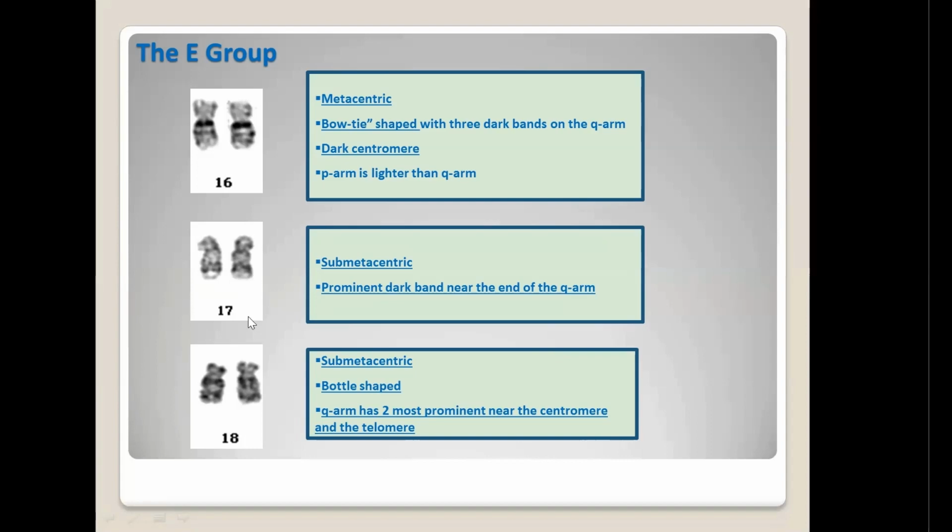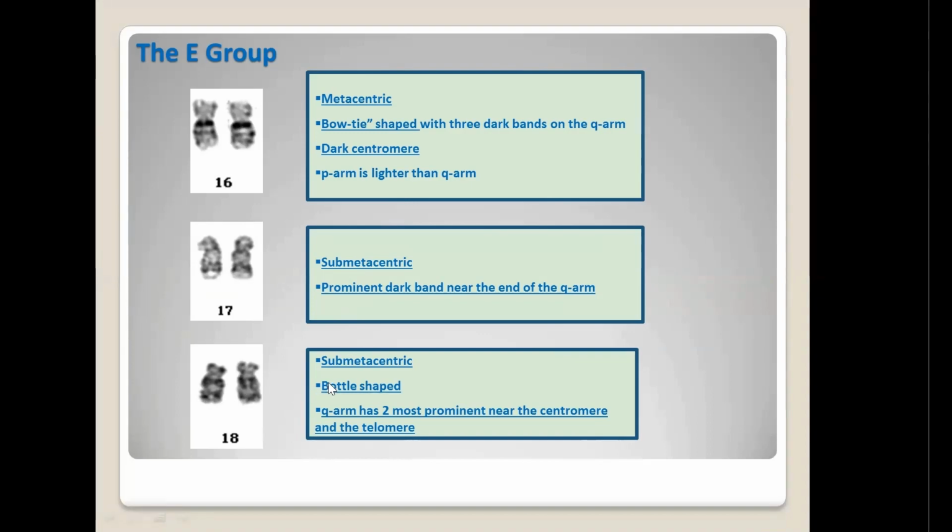So next, chromosome 17, which is submetacentric, and it has a proximal dark band near the end of the Q arm. That is its identity. Then comes chromosome 18. It is a bottle-shaped chromosome, and it is submetacentric.